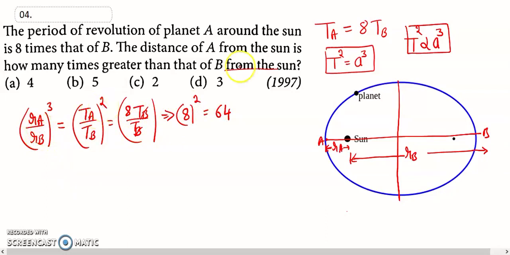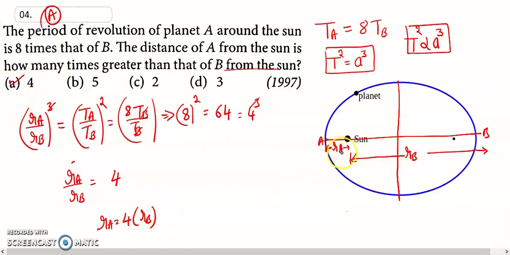The question asks how many times the distance of A from the Sun is that of B. So RA divided by RB, you have to remove the cube, is 64 to the power of 1/3, which is 4. The cube gets cancelled, so RA is equal to 4 times RB. So option A is the right answer, 4 times.